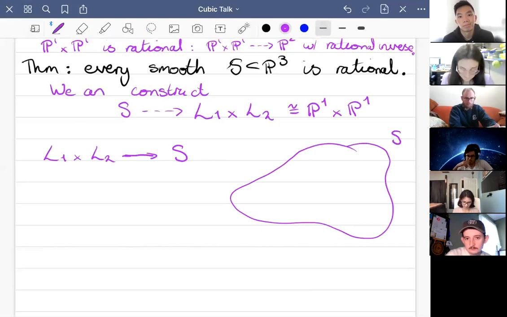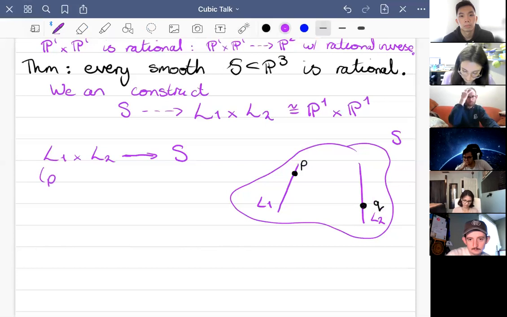I can't really draw many pictures. So S, this is my cubic surface, and let's say this is my L1, this is my L2, and they don't meet. Okay, so I'm going to pick a point here and a point here. So this is P, this is Q.